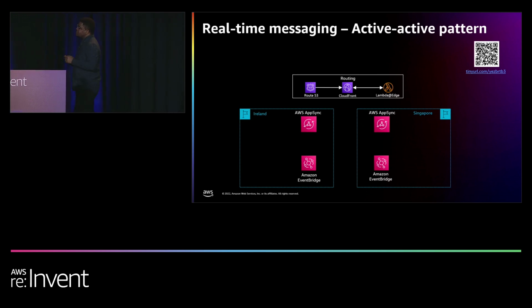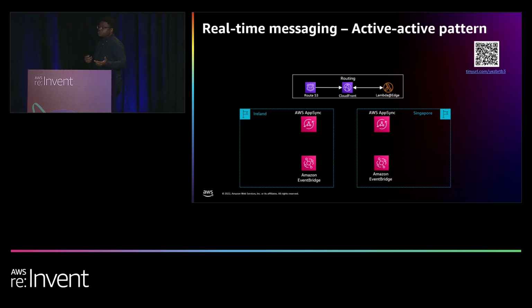But in this case, we'll be using Amazon Event Bridge. Why? Is because Amazon Event Bridge has a capability called cross-region event routing that enables you to route events from one region to another. If you're not familiar with Amazon Event Bridge, it's a serverless event bus service that helps you to build event-driven applications at scale.